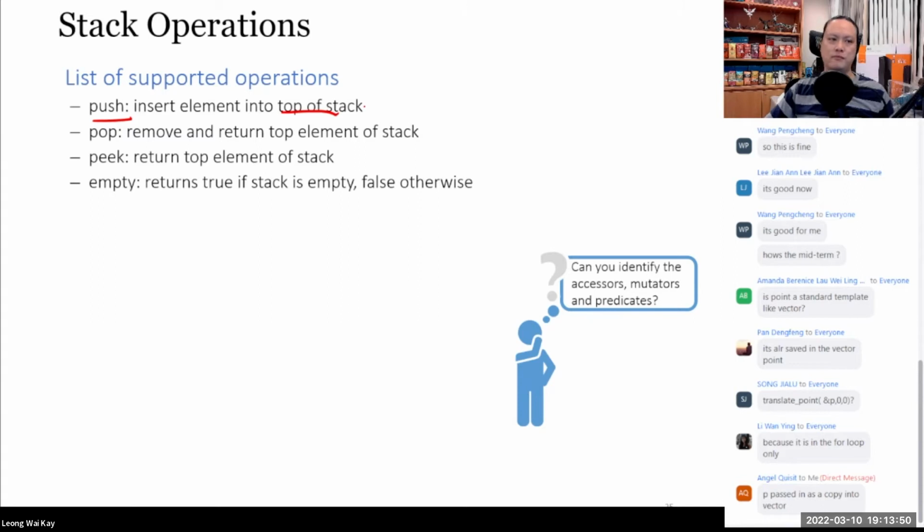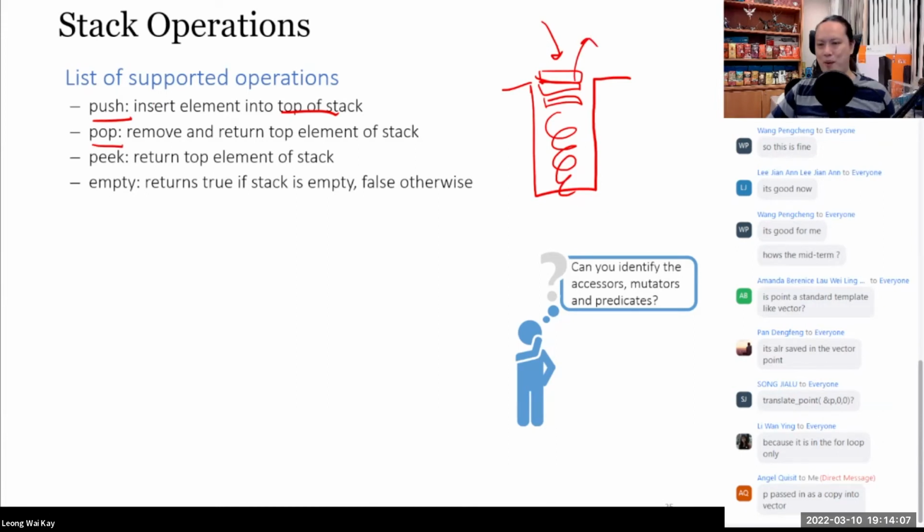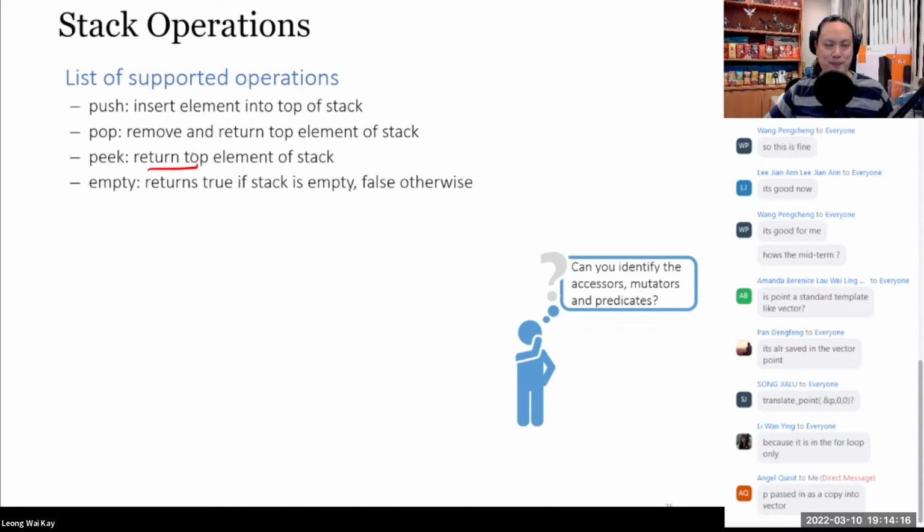They call it push because you think of those buffet tables with a plate dispenser, with a spring inside. You put more plates on top, you push a plate on top. Then when you remove, you just pop it off. So push and pop. They both start with P, so maybe that's why it sounds nice. Push, pop, and peek. Peek lets us look at the top of the stack. So these are the three main operations.